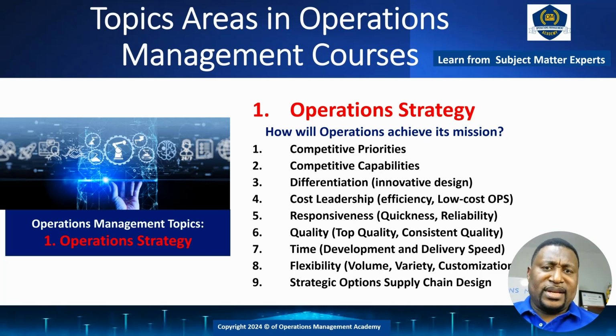So what is the operation strategy? The question here is simple. The operation strategy answers this question: how will our operations achieve its mission, which is to add value during the transformation process, right? The essence of operations is to add value during the transformation process that we talked about before, right?